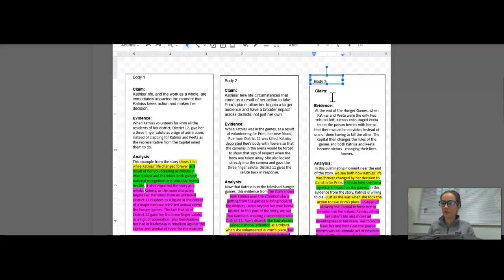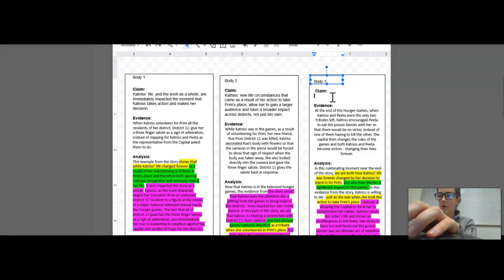So let's see. This is already towards the end of the book. So she's already had some experience. She's already gotten to be a hero to the districts. Now she is being a hero on a whole new level.